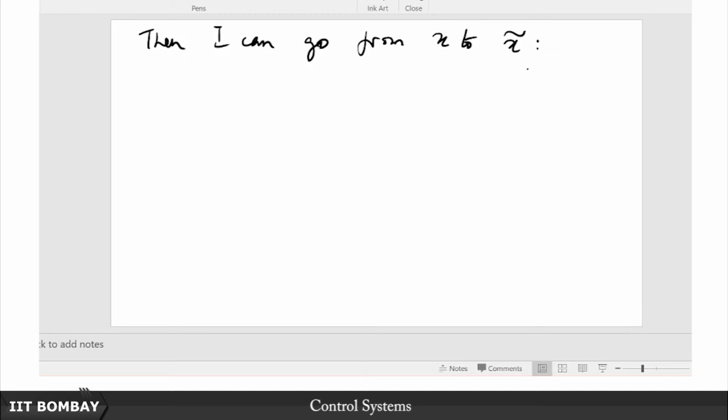Now notice the beautiful thing: once I am in the x tilde domain here, I have AC x tilde plus BC U. But what is the structure of this AC? Now suppose U is equal to K tilde x tilde plus R, suppose this is my system's input.